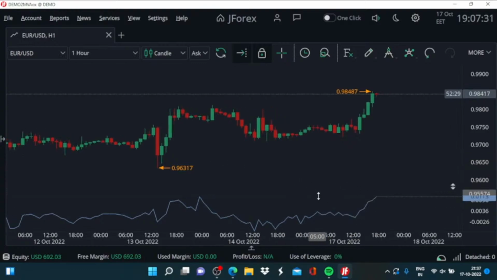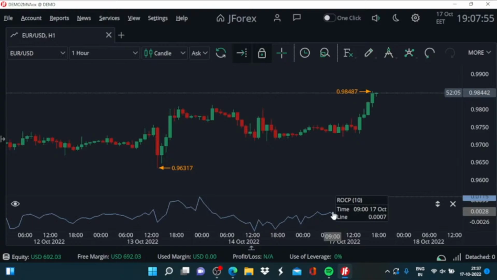All right. And the concept is simple. All you have to take into account is the current value and the value which prevailed over a certain period of time. Suppose now that we are taking 10 as the calculation period. So the current value, the applied price, will be compared to the price prevalent 10 hours back. The difference between these two prices will be considered, and that will be divided by the price prevalent at that point in time 10 hours back, and then we take it in normalized form.